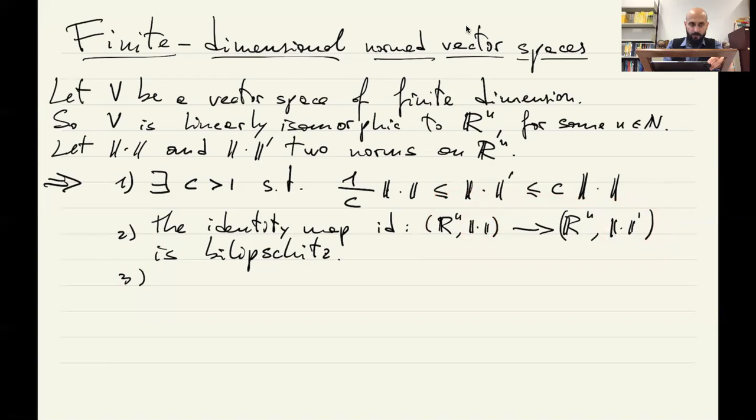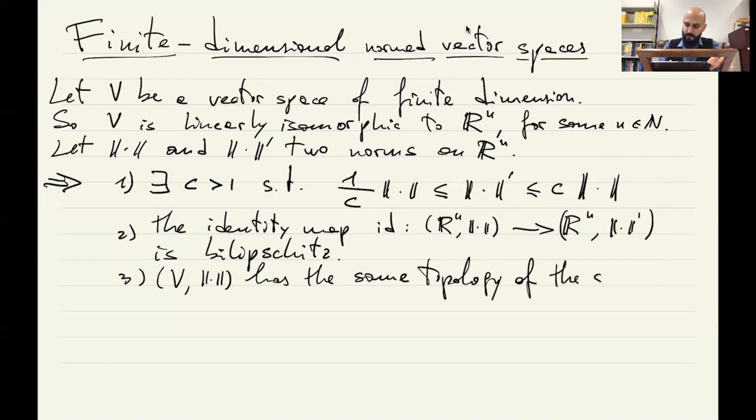So V, with a choice of a norm, has the same topology as the standard R^n, which means in particular there's only one topological vector space of dimension n. Okay, and in particular it's complete.